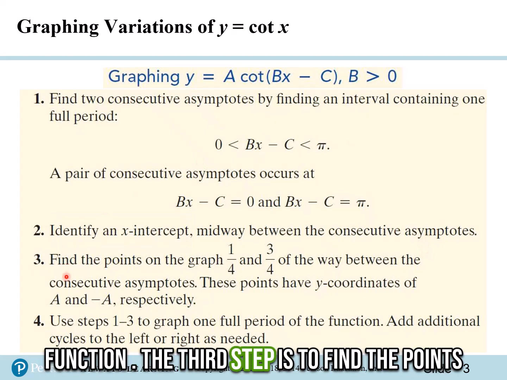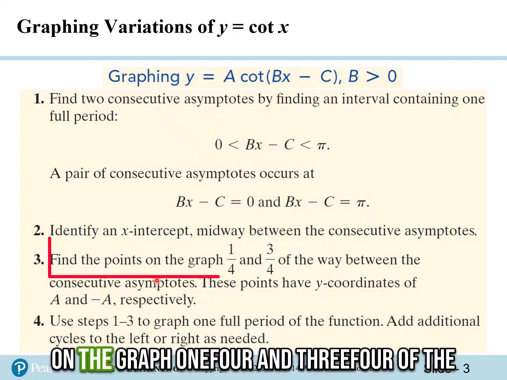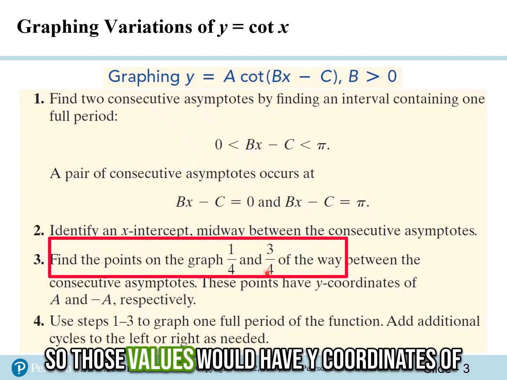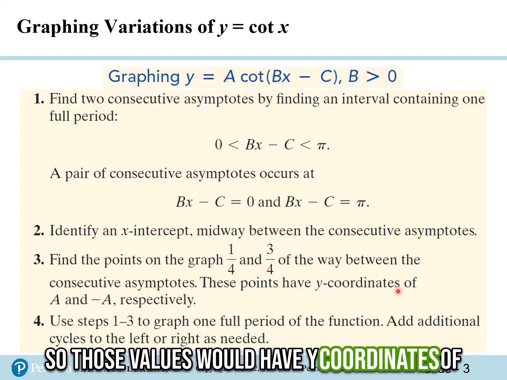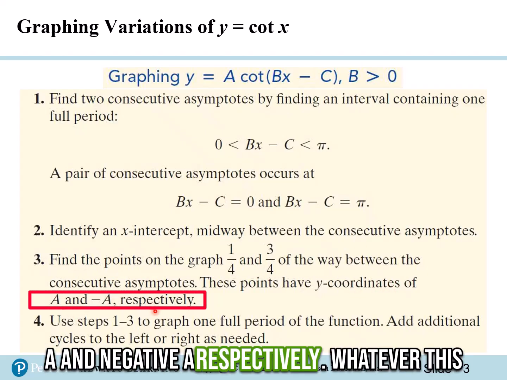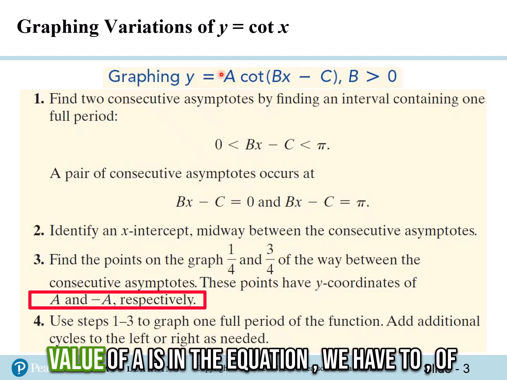The third step is to find the points on the graph 1/4 and 3/4 of the way between the consecutive asymptotes. So those values would have y coordinates of a and negative a respectively, whatever this value of a is in the equation.